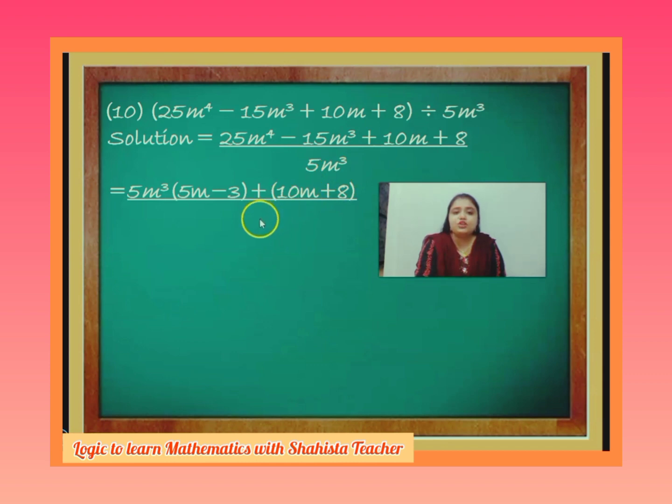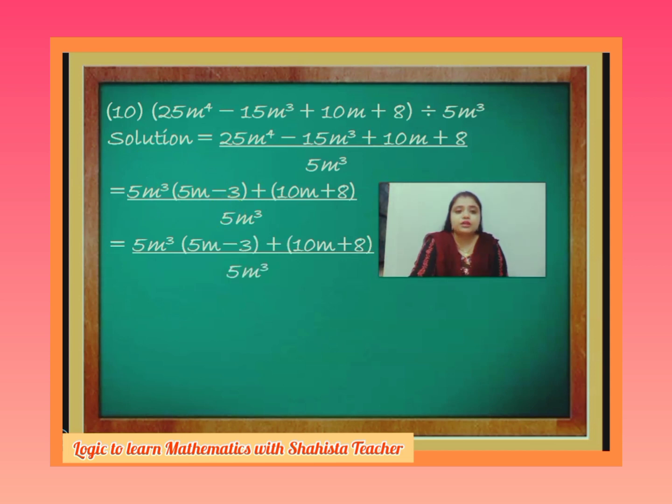Now the 5m cube denominator will remain as it is. Now we will cancel the common numerator and common denominator. Here 5m cube is the common numerator and common denominator, so both get cancelled. So here we have 5m minus 3 plus 10m plus 8 over 5m cube. Now we have to separate the two terms because of the denominator 5m cube. 5m minus 3 is the first term and 10m plus 8 is the second term.